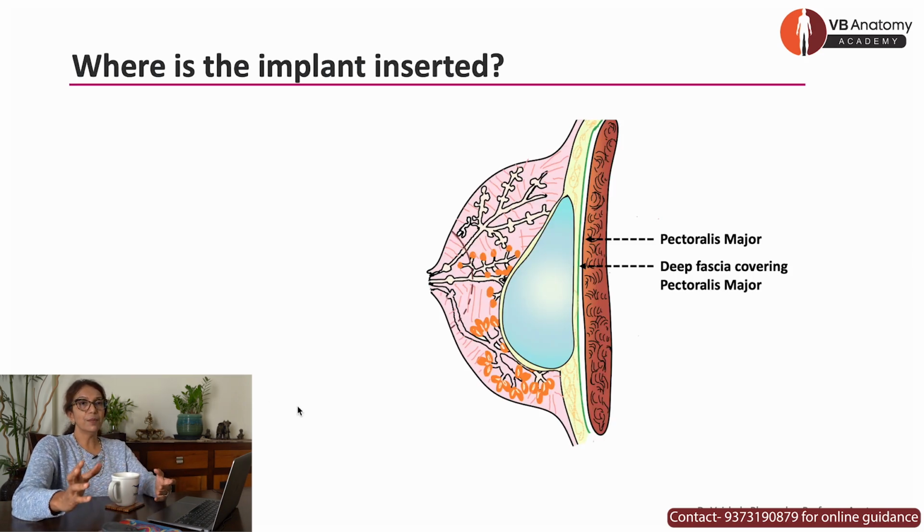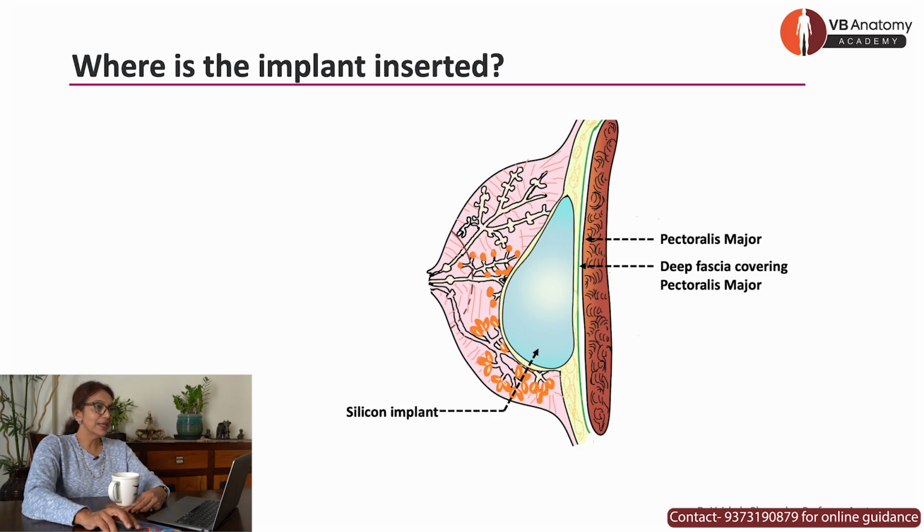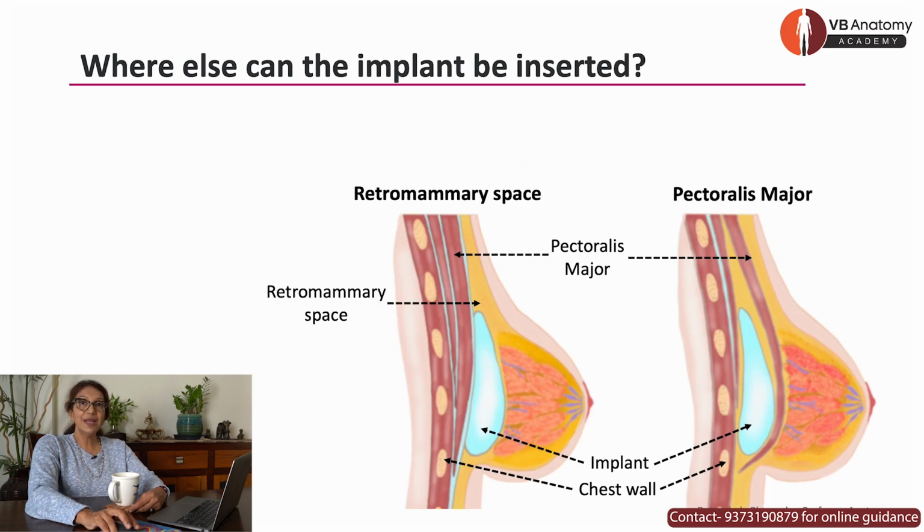So now let's talk about where you can place implants. Since we've talked about the word implant, let's understand where implants are placed. Implants which are used for breast enhancement surgeries usually are placed in the retromammary space. You can see that here. Where else can they be kept? Yes, they can be placed behind the pectoralis major. So here's your pectoralis major. You can see the implant lying here.